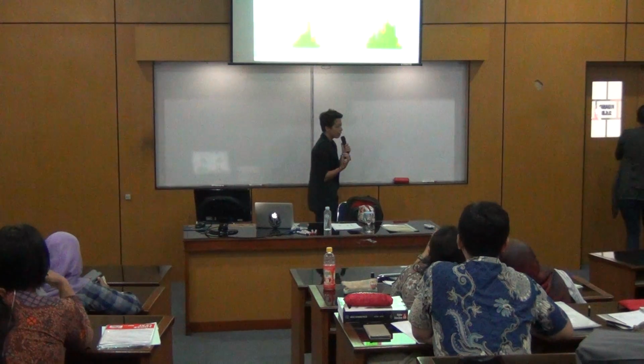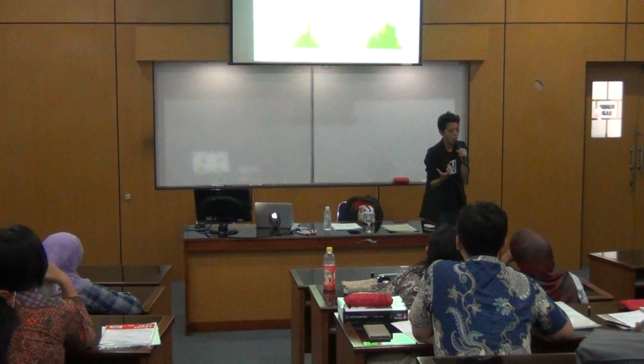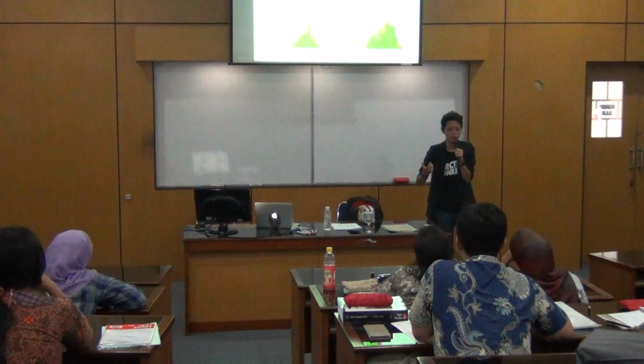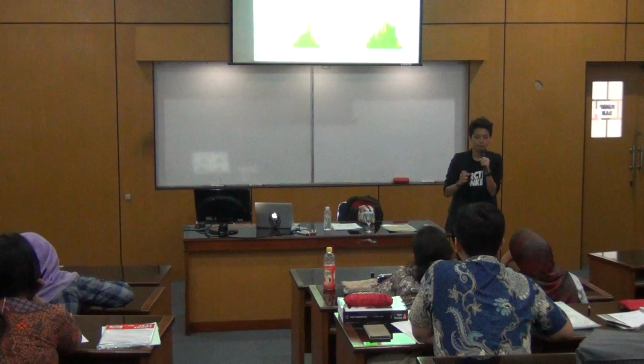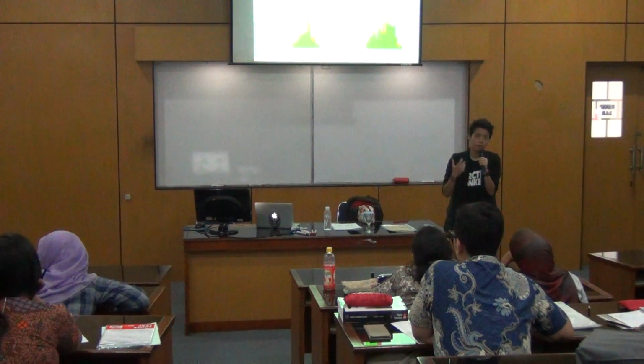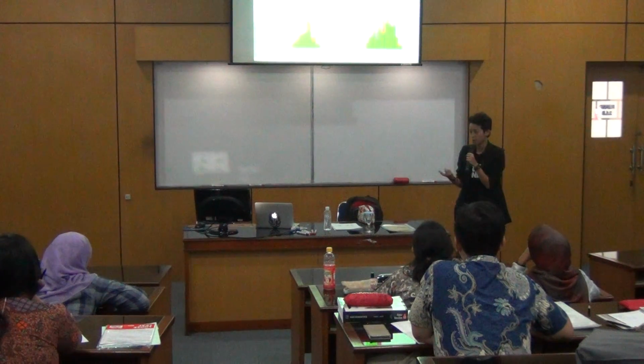So we create a histogram that captures the multiplier. What we do is we simulate the economy 100 times. Well, actually, in our paper, we do it something like 50,000 times.